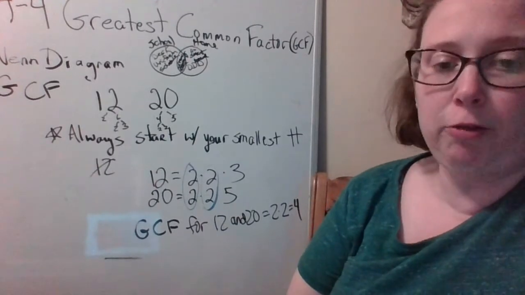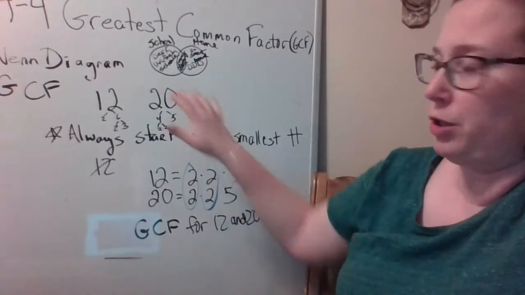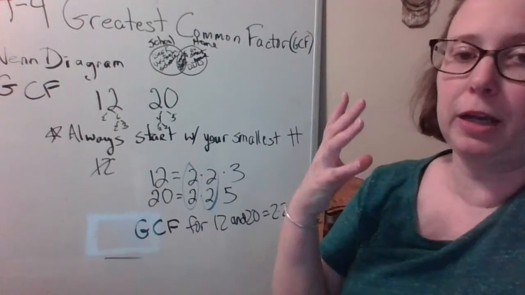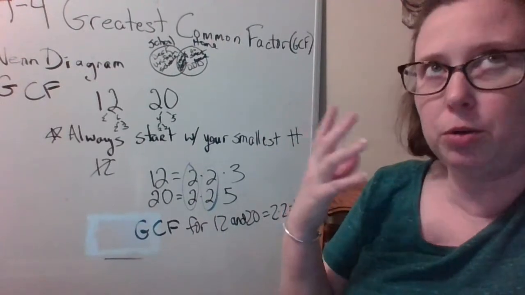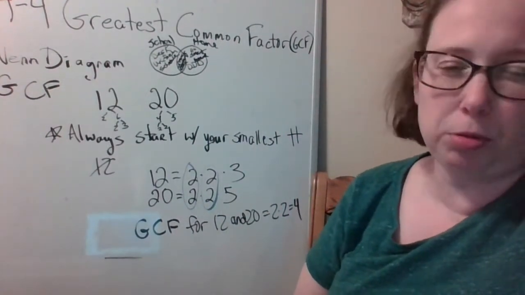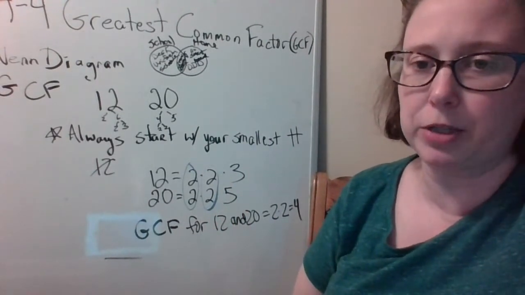Now, you may have been able to do that one without doing the factor trees and figuring out what's on both lists, just by thinking about what are the numbers that go into 12 and 20, and you probably could have come up with 4 as being your greatest common factor.